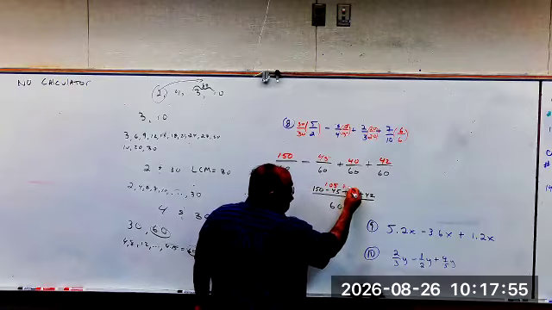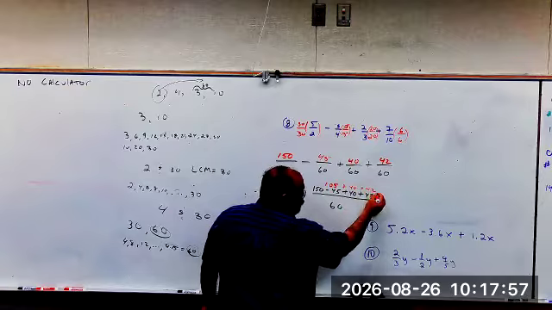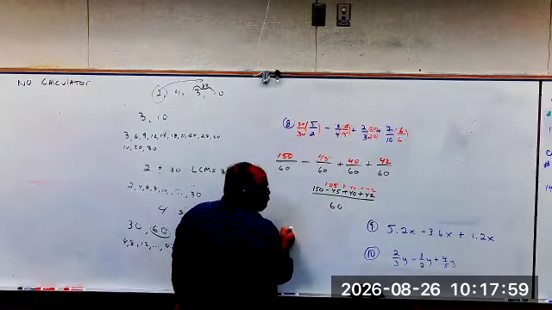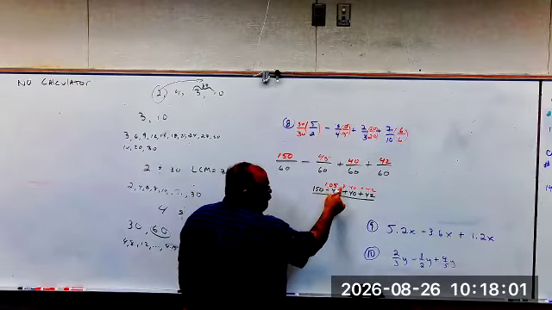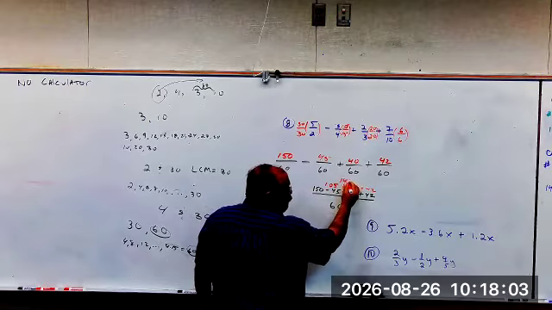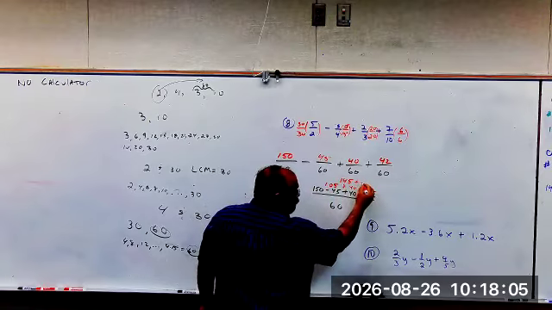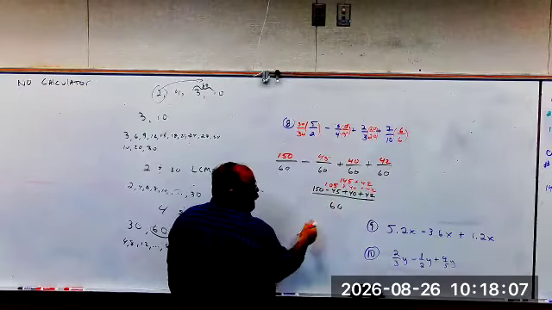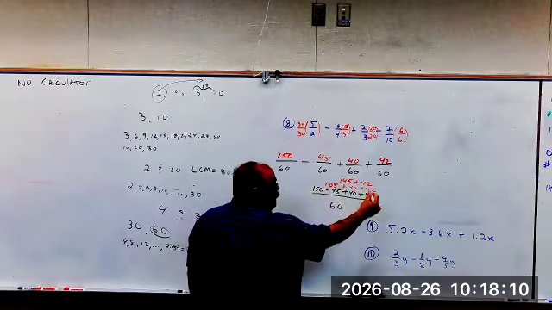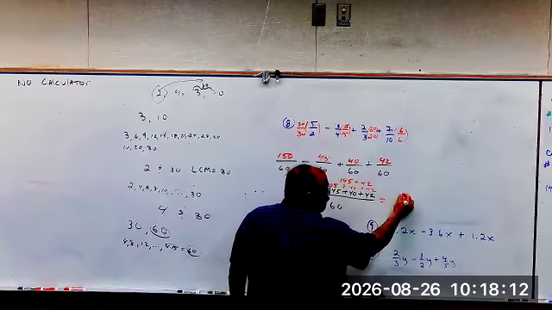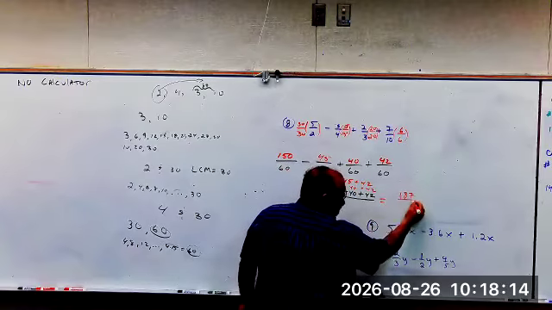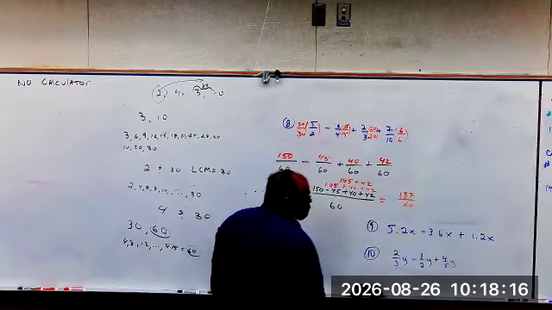And then you have plus 40 plus 42. 105 plus 40 is 145, plus 42. And 145 plus 42 is 187 over 60.